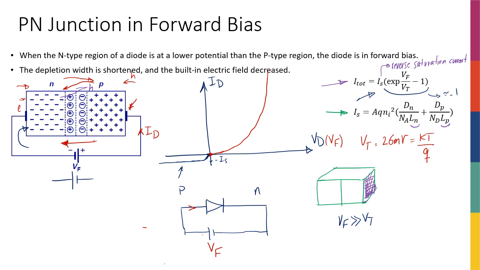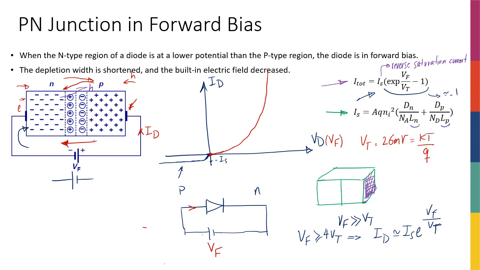So the rule of thumb is when Vf is equal to or greater than 4 Vt, we can typically say that ID is approximately equal to Is e to the power of Vf over Vt. So we're going to ignore the negative 1.